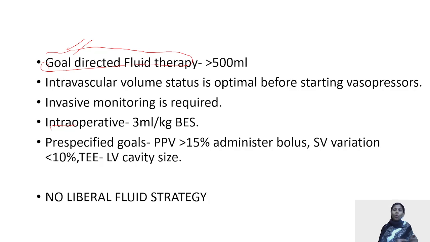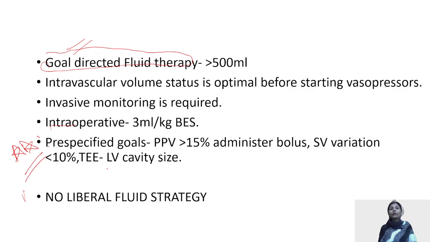Okay. For goal directed fluid therapy, of course, invasive monitoring is required because it is goal directed. It is different for each individual. Done. Then for the goal-directed fluid therapy, our pre-specified goal, this is what you have to remember.